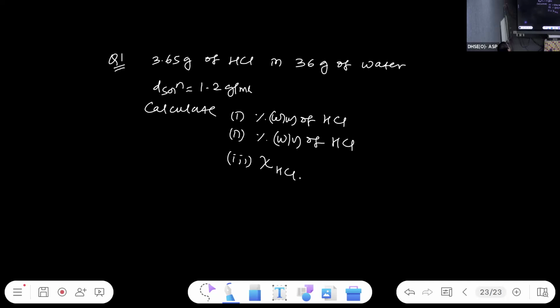A solution is prepared by dissolving 3.65 gram of HCl in 36 gram of water. If the density is 1.2 gram per milliliter, calculate percentage weight by weight, then percentage weight by volume, then mole fraction of HCl.